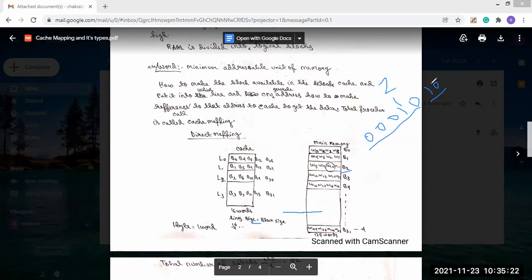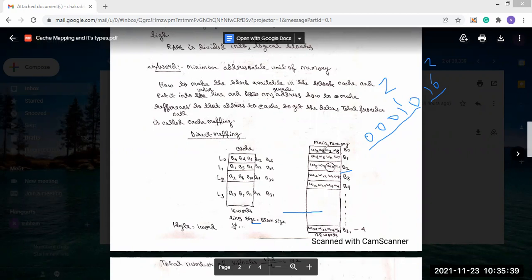The last 2 bits, 10, also mean 2. That means in block number 2, the second word is required.